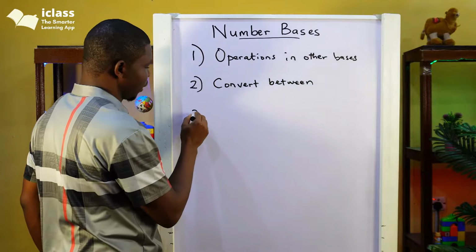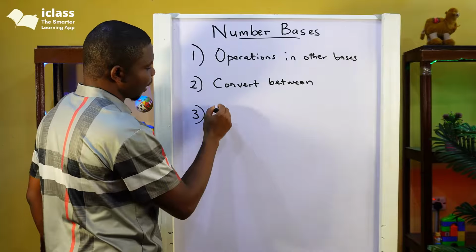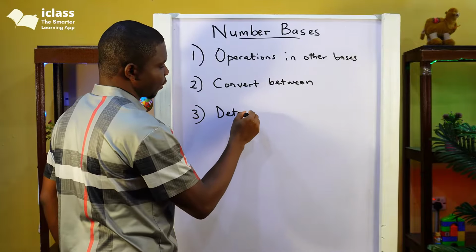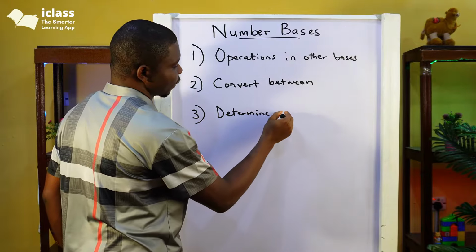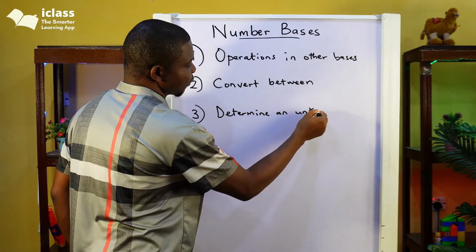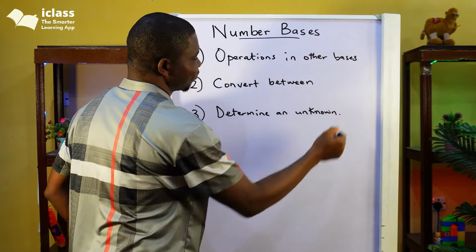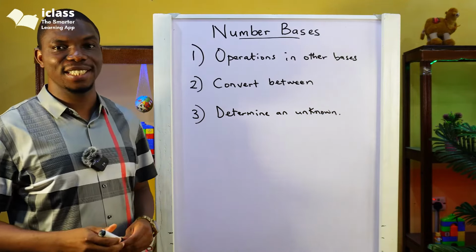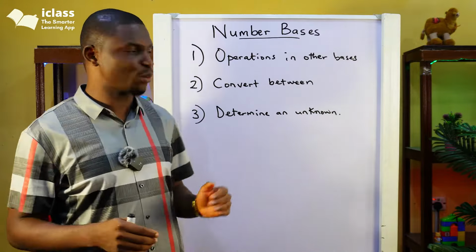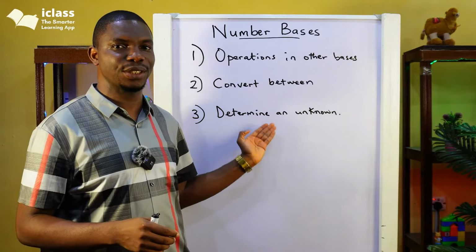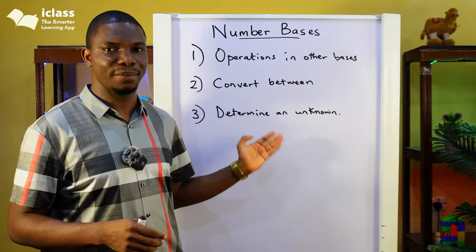And thirdly, how to determine an unknown base. All right, so I hope you find this topic very interesting as we move on to take some practice questions with these three subtopics in mind.